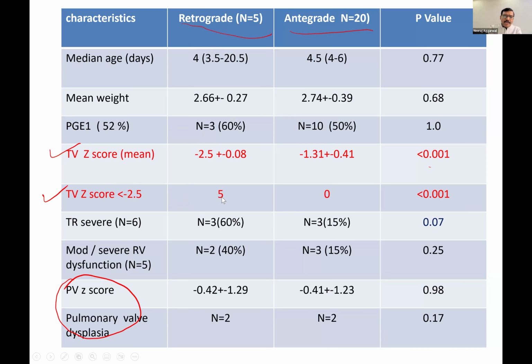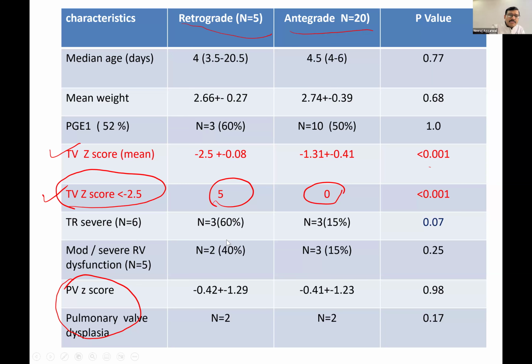None in the antegrade route, all in the retrograde route. So keep seeing this tricuspid valve Z score, and if it's less than minus 2.5, you start thinking of retrograde as the primary route.